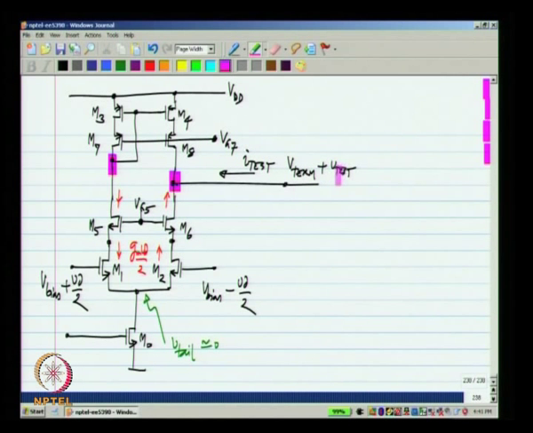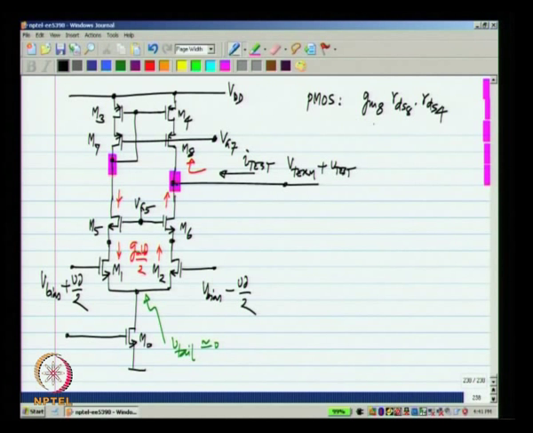If I have a voltage V test here, now this cascode combination presents an output resistance equal to Gm8 RDS8 RDS4. It also has plus RDS8 plus RDS4, but I am going to ignore that.